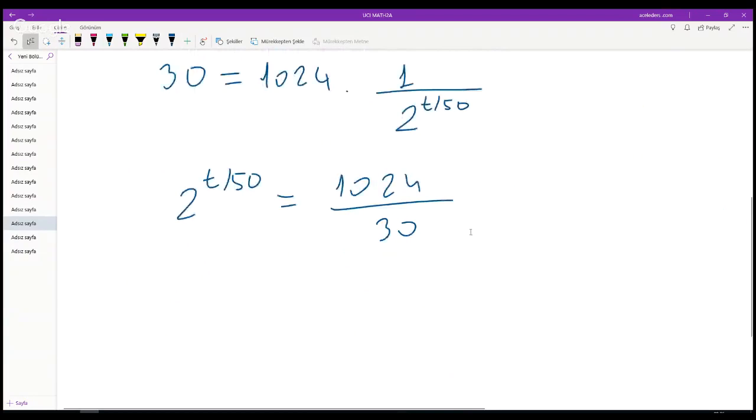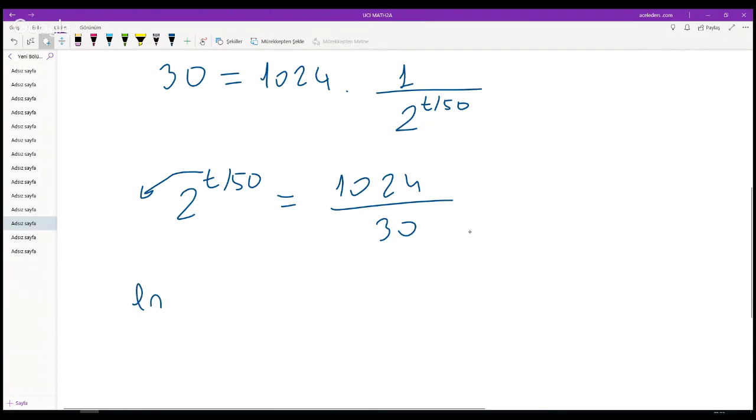And I need T over 50 not in the power, but at the base. So to do that, I need to take logarithms of both sides. And I can take the natural logarithm, ln. So, you have the ln function in your calculators.